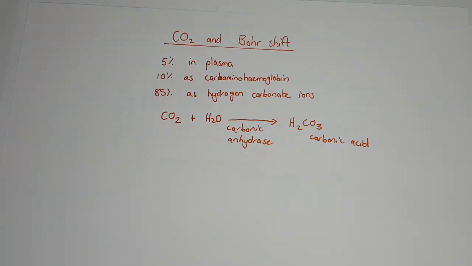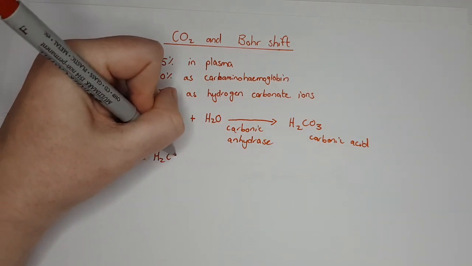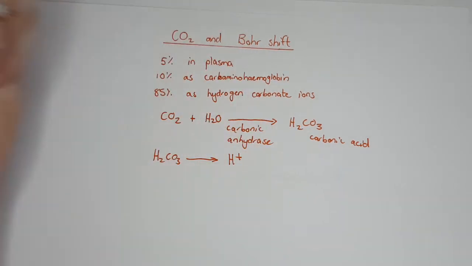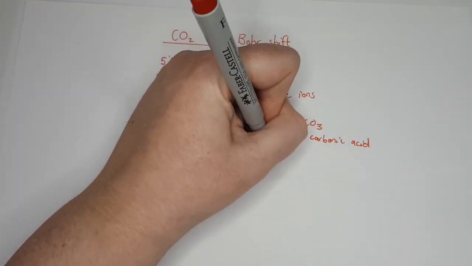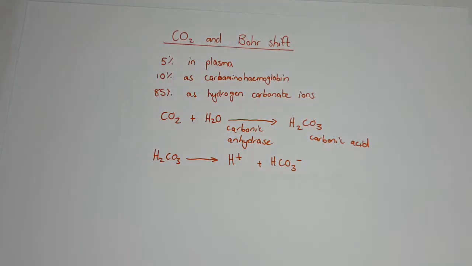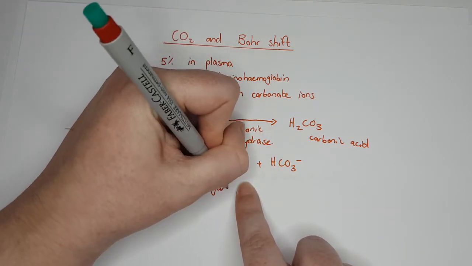And then carbonic acid dissociates, meaning it breaks apart. And that H2CO3 can break up into H plus ions and HCO3 minus ions. So those H plus ions are called hydrogen ions.